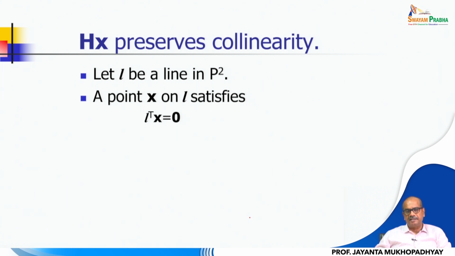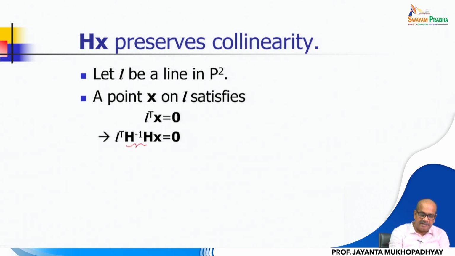Now I can write this particular expression in this form: L transpose H inverse Hx, because H inverse and H make identity, so algebraically these two are equivalent. Now you can see this Hx becomes the transformed point.